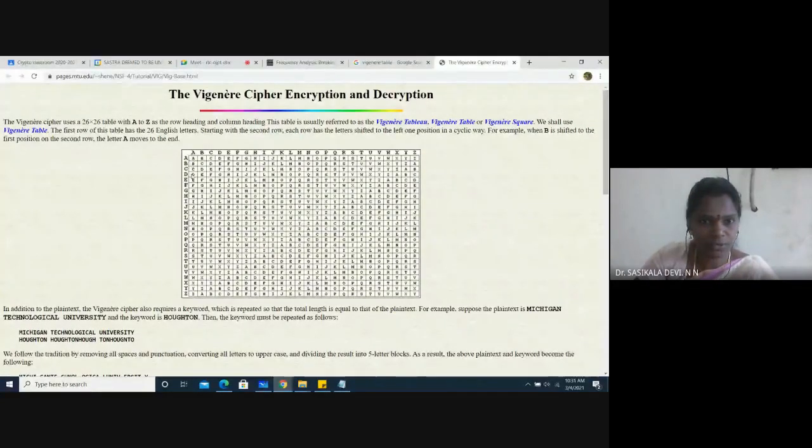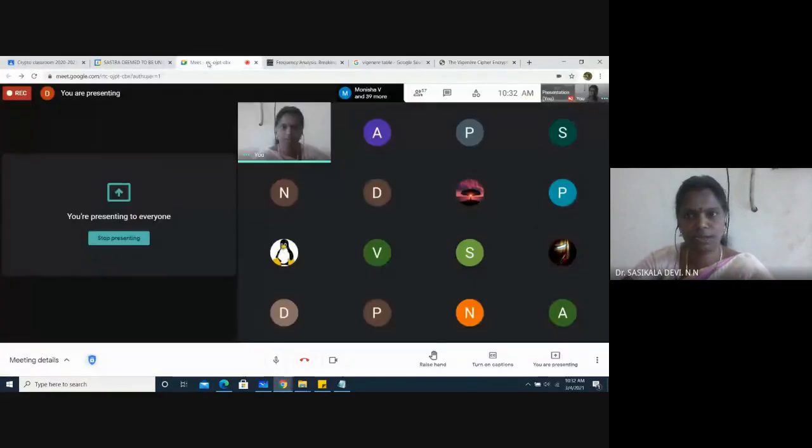A, the first column, is to be filled with the Caesar cipher with the shift 0, then shift 1, shift 2, shift 3, and so on. Each and every row is indexed by the English alphabet A, B, C, D, E, F. Take out the table at least partially.